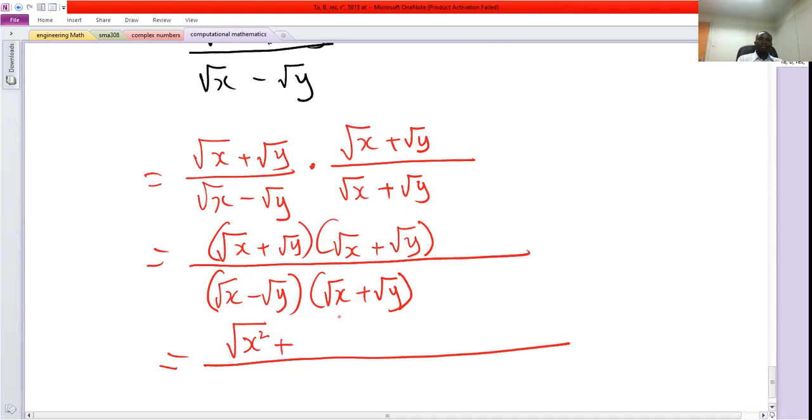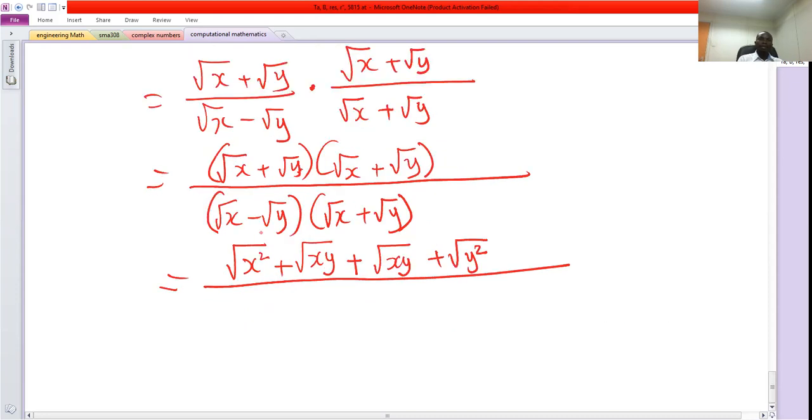plus root x times root y is root xy, plus root y times root x is root xy, root y times root y is plus square root of y squared, and then root x times root x is square root of x squared, root x times this one is plus root xy.